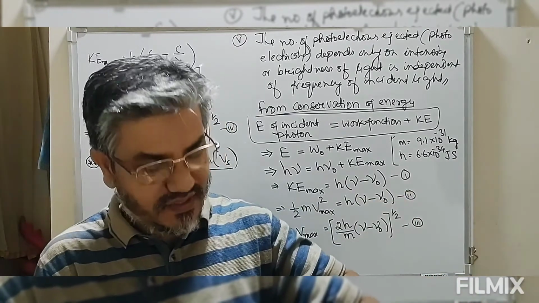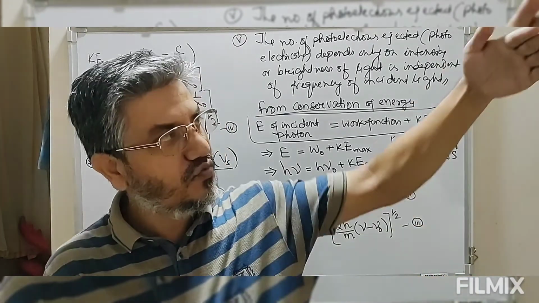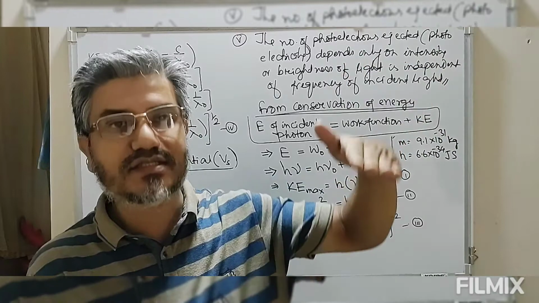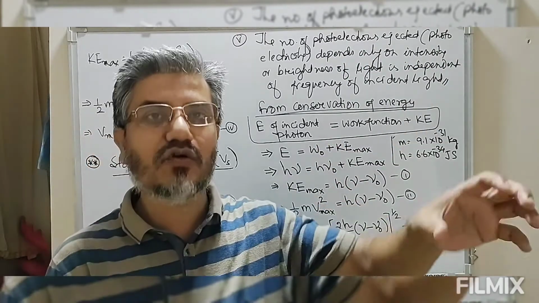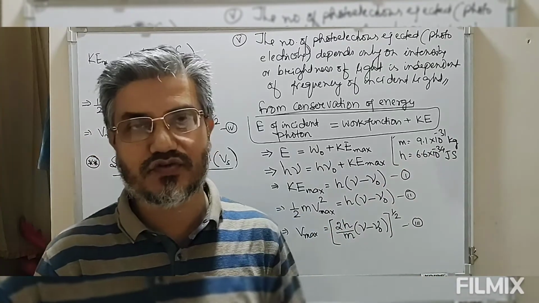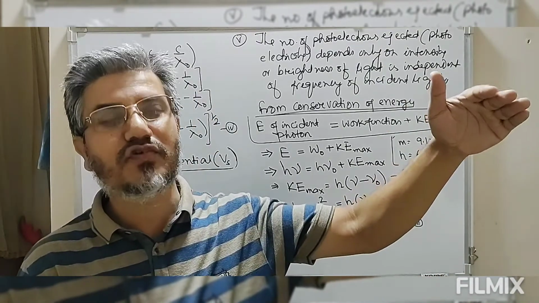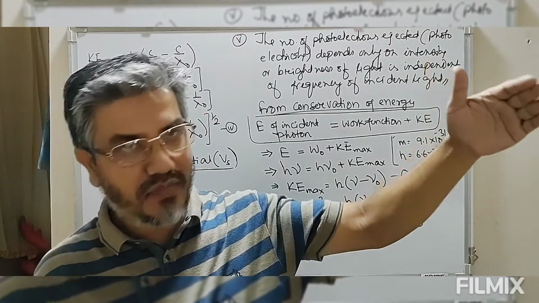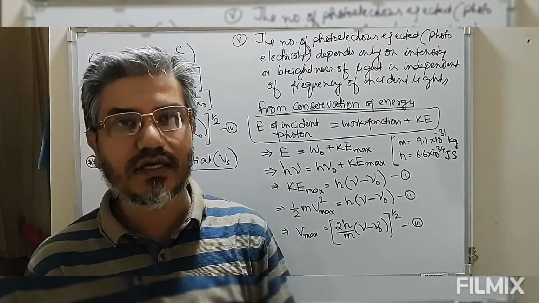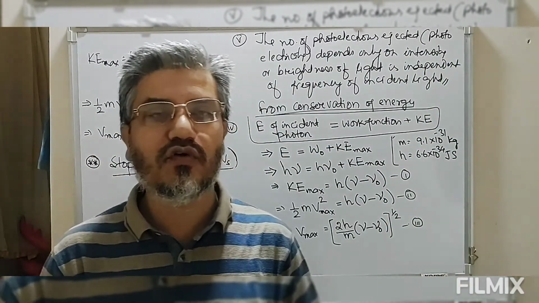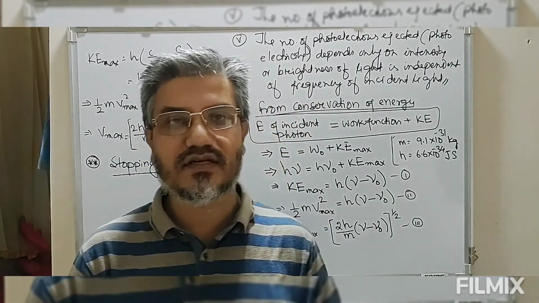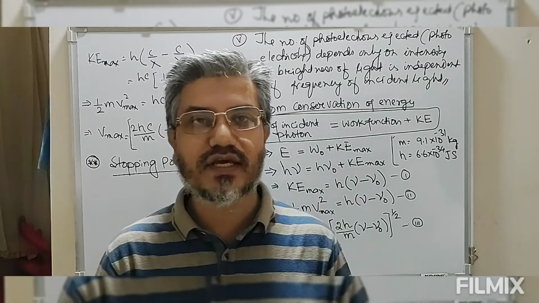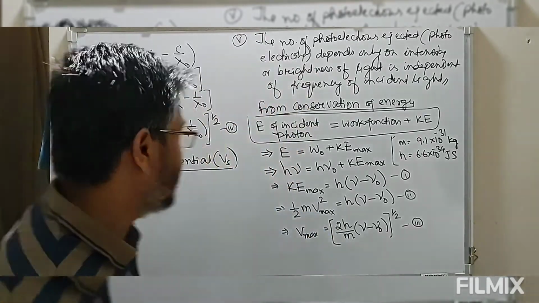To stop this movement of electrons, suppose we supply some energy from an external source so that there is no ejection or no flow of electrons. That minimum potential that must be supplied so that no electron is ejected from the metal surface is known as the stopping potential.